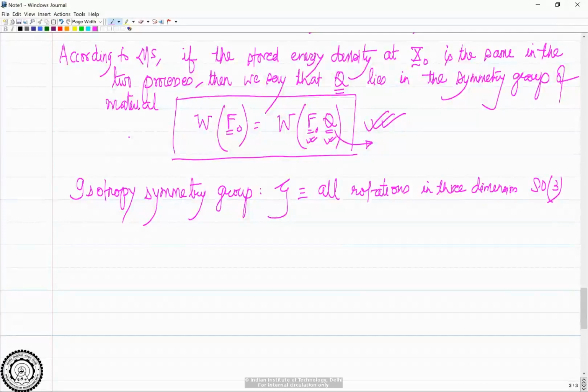Yes, exactly. If Q were in the symmetry group, then it will make no difference to the body as far as energy stored is concerned. So that's the statement.